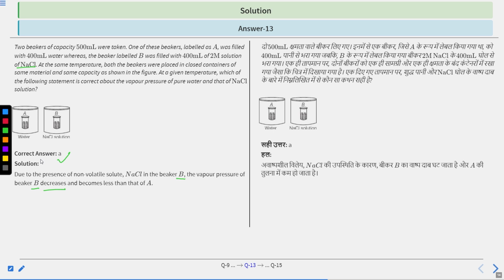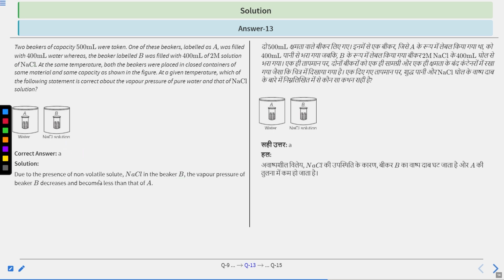Because water is a volatile solvent, and in comparison NaCl is non-volatile. So the beaker B vapor pressure will decrease and become less than that of A. And hence, option A is the correct answer.